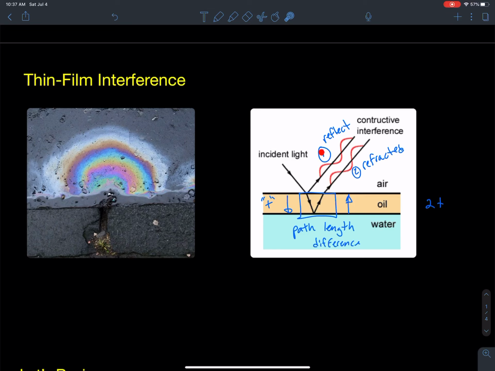If it's in phase, they're going to constructively interfere and we're going to see certain colors. So already I'm getting an idea that these colors are very specific to the thickness of that oil and probably due to something to do with the refractive index of that oil. And every thickness would have a very specific color. We're going to learn about that in the next video.